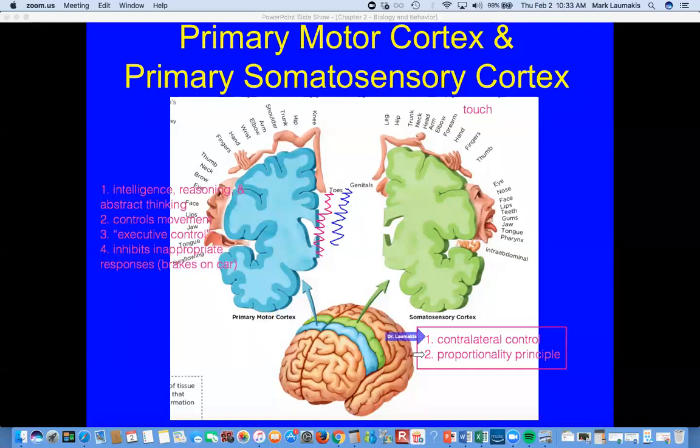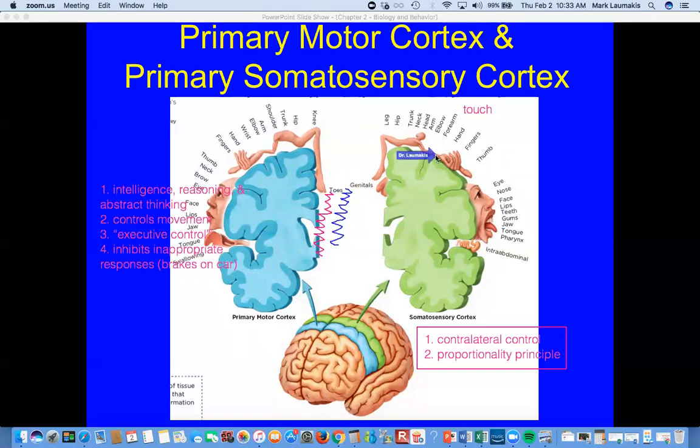So, contralateral control and the proportionality principle. Proportionally more brain space is dedicated to parts of your body where you're more sensitive to touch. Okay? Without getting too graphic here, right? You have more brain space dedicated to your hands, to your face, to other parts of your body, because that's where you're more sensitive to touch.